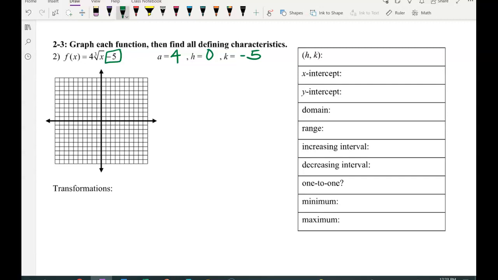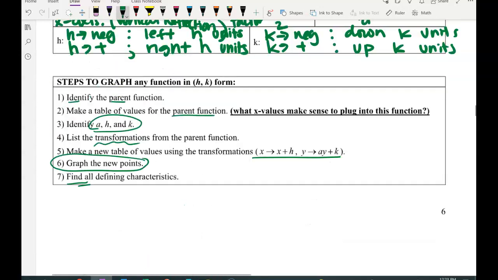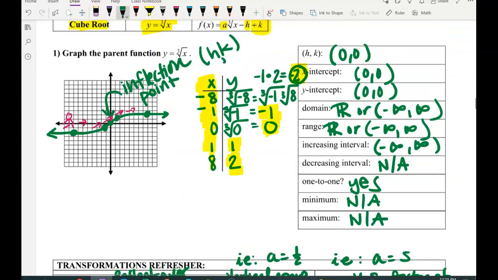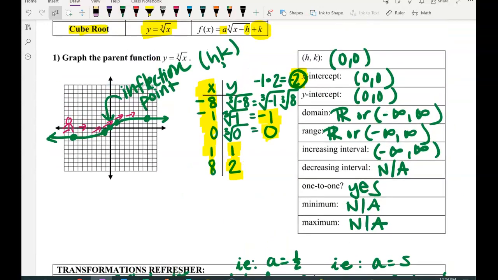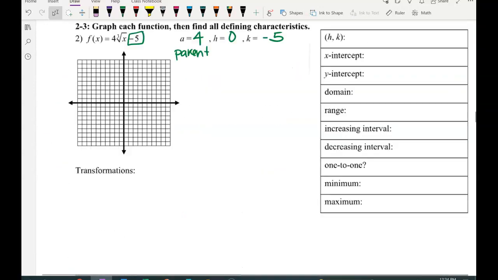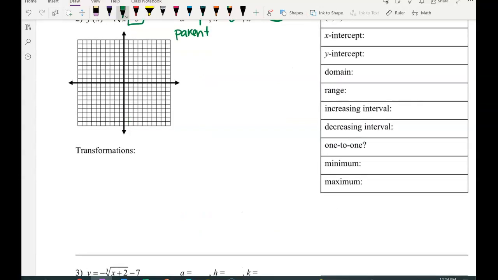So again, I'm going to quickly make the parent chart for you here, so we don't have to go up and down. If you can remember, here's your parent function. The parent function is just cube root of X. We have 5 inputs. Now guys, you should not have to memorize these.